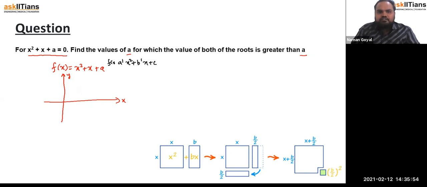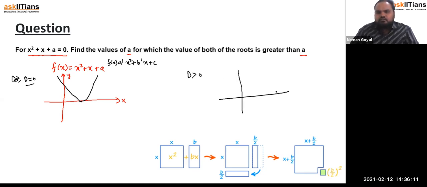The graph is like, if d is equal to 0, this is the condition when only one root is there. And the second condition is d is greater than 0. When d is greater than 0, the graph cuts the x axis at exactly 2 points. Okay, so this point you can take as a and this point you can take as a.